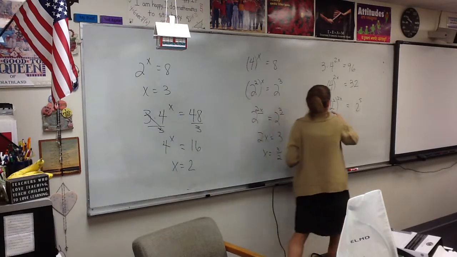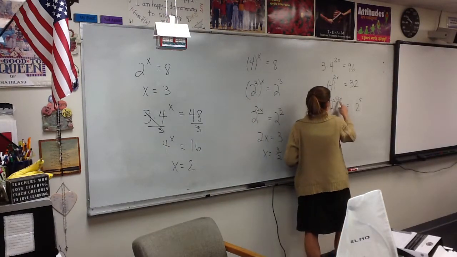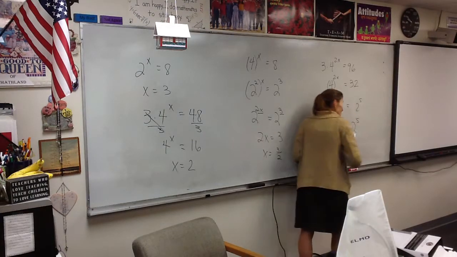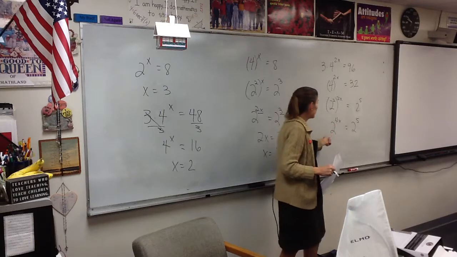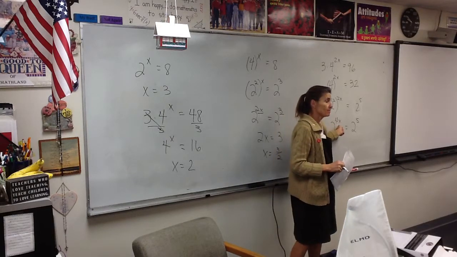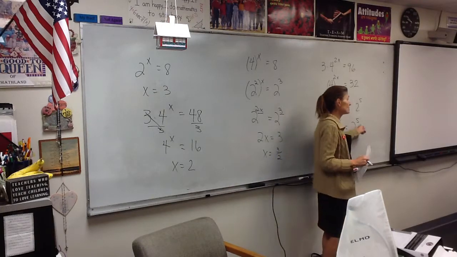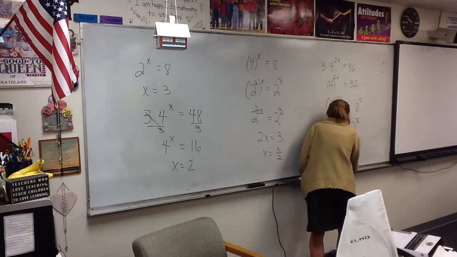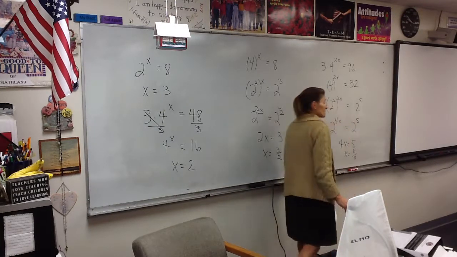Now, what does this say? 2 to the what? 4x. Now, what do I do at this point? If 2 to the 4x equals 2 to the 5th, 4x equals 5, and x equals 5/4.